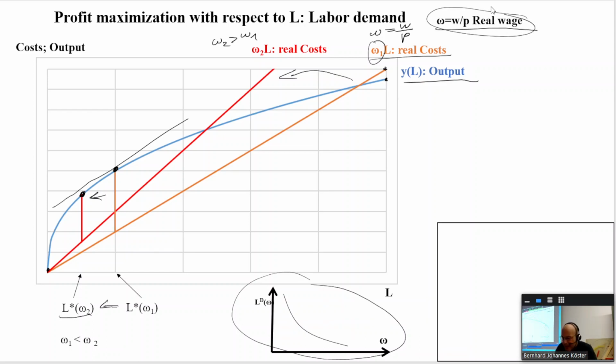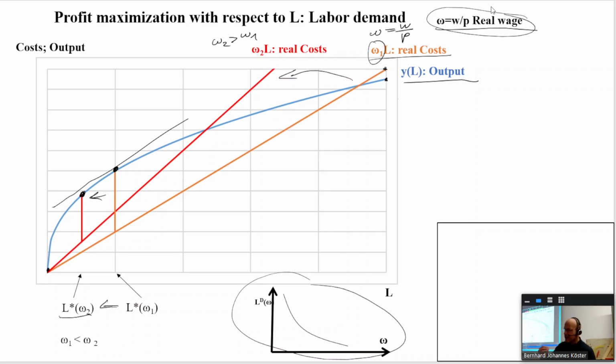This classical dependence, that the demand for our goods is decreasing with prices, is just derived from this neoclassical production function. This is just a direct consequence of this assumption of the curvature.